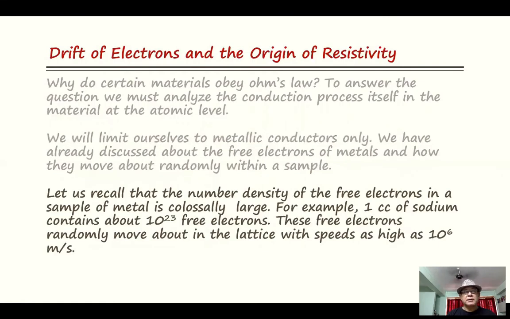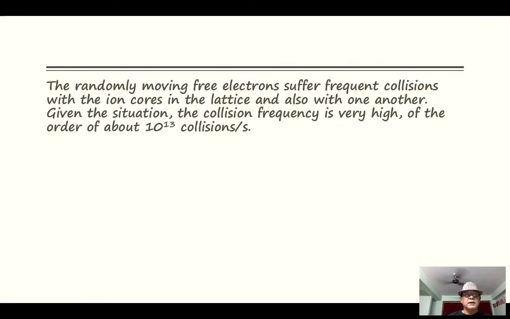Let us recall that the number density of the free electrons in a sample of metal is colossally large. For example, 1 cc of sodium contains about 10 to the power 23 free electrons. These free electrons randomly move about in the lattice with speeds as high as 10 to the power 6 meter per second. The randomly moving free electrons suffer frequent collisions with the ion cores in the lattice and also with one another.